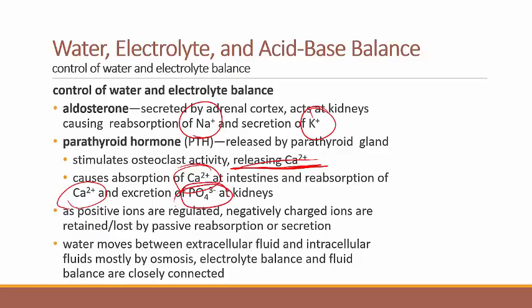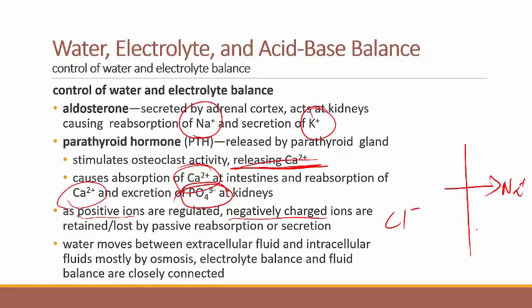And as we retain the positive ions, then frequently negatively charged ions, like the chloride ion, are going to be retained or lost through passive reabsorption and secretion, just like we talked about back when we were talking about the kidneys. As we move sodium across a membrane, that frequently will just drag chloride ions along with it.